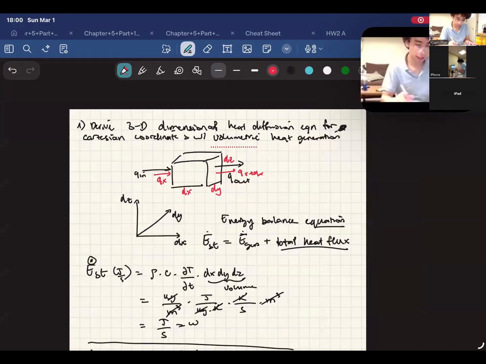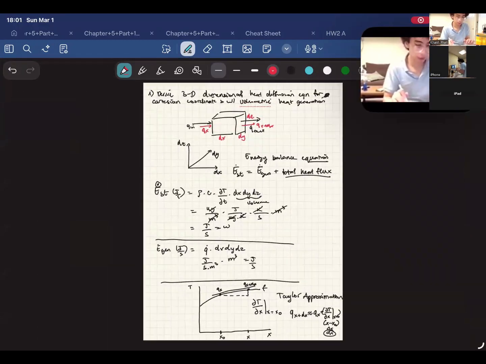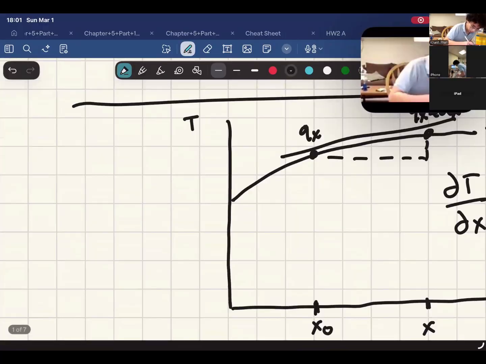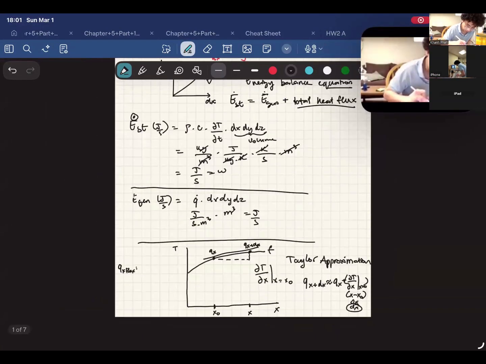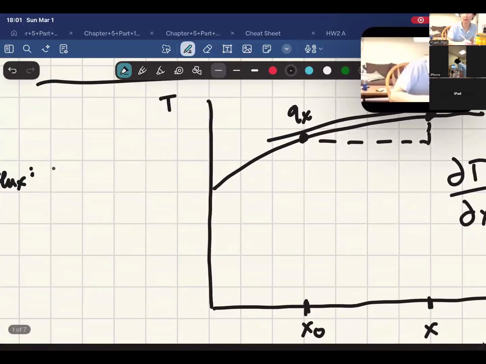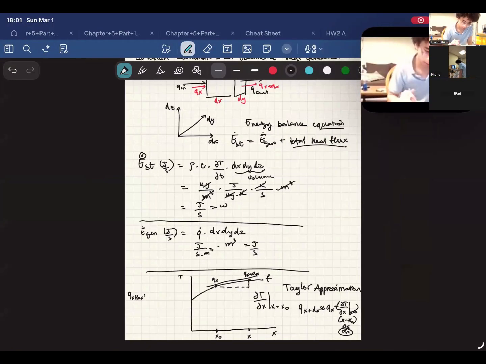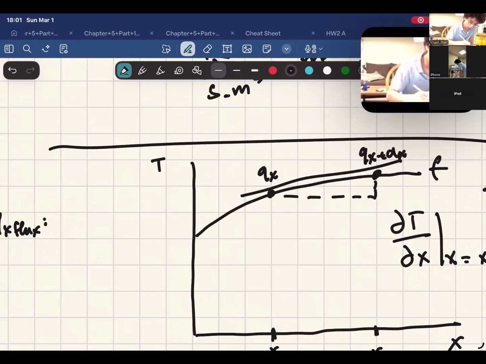So to find the heat flux, qx flux is equal to, what goes out is negative, so we would have qx minus qx plus dx.